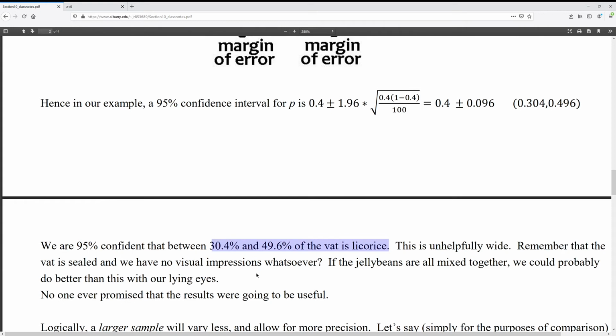Well, I never said that this sample was going to be useful, only that this is what you can conclude from 100 jelly beans. From 100 jelly beans, we're 95% confident, we're not even positive, that between 30% and 50% of the vat is licorice.